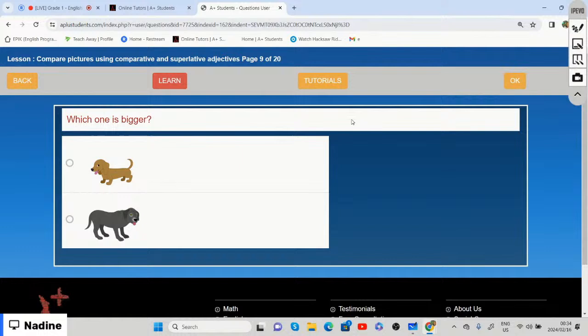And if we say which one is bigger, then we're going to choose that black dog that looks very scared. So that one is bigger than our sausage poodle dog there.